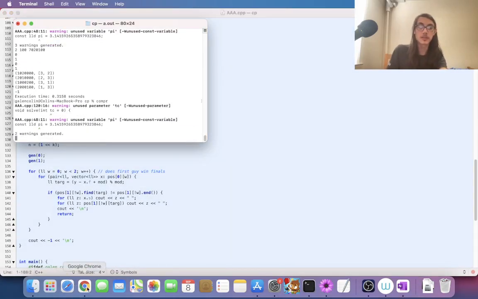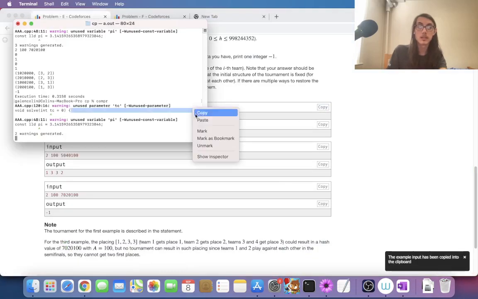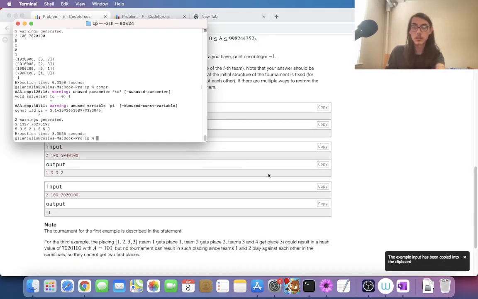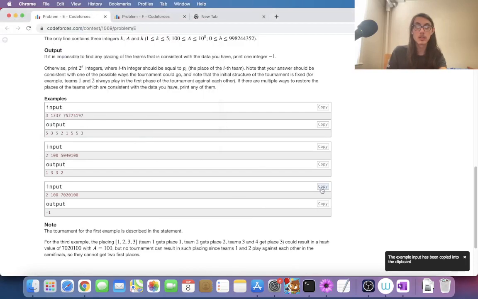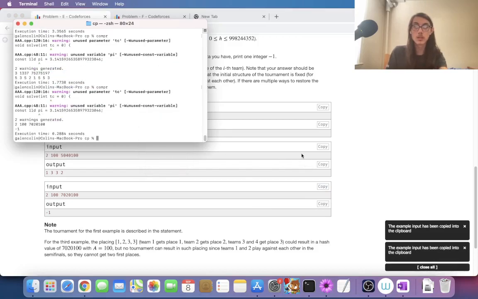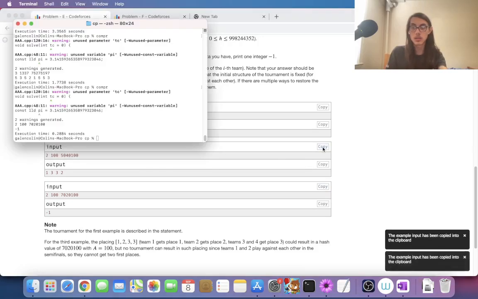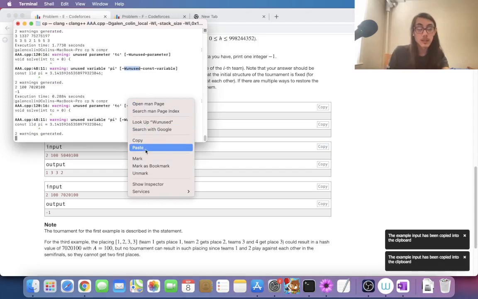Make sure one more time it actually prints the right thing. Like no debug prints or anything.